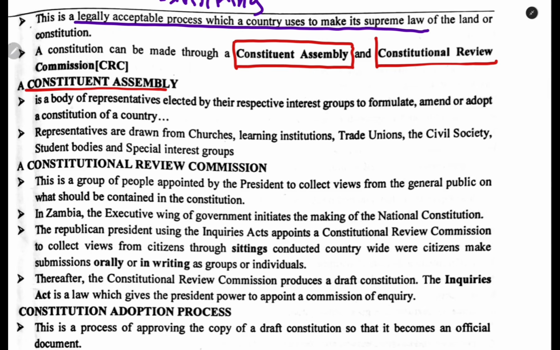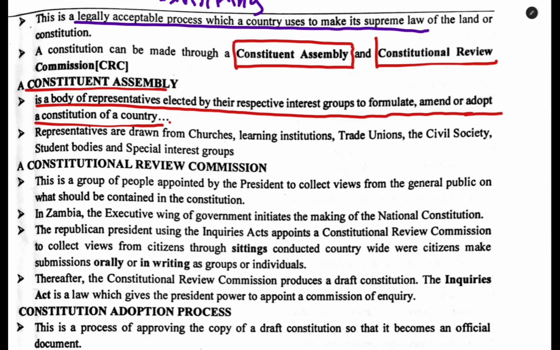The Constituent Assembly is a body of representatives elected by respective interest groups to formulate, amend, and adopt the constitution of the country. That is what we call the Constituent Assembly. And you will find that sometimes questions come where they have already given the definition of the Constituent Assembly, and then you are asked what constitution making process that was.